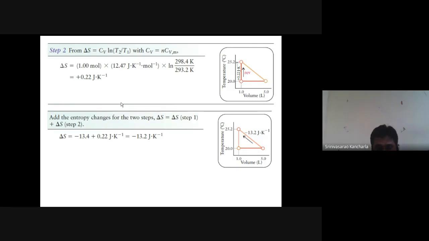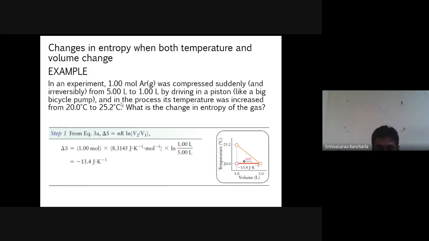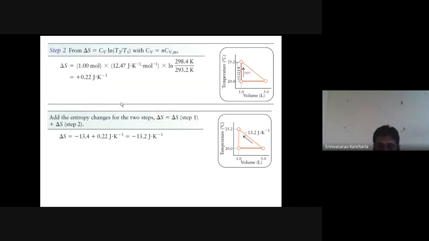CV value is not given to you here. Maybe they might have taken it from the standard values for argon. That should not be an issue because it will be given to you in the exam. So your delta S is?